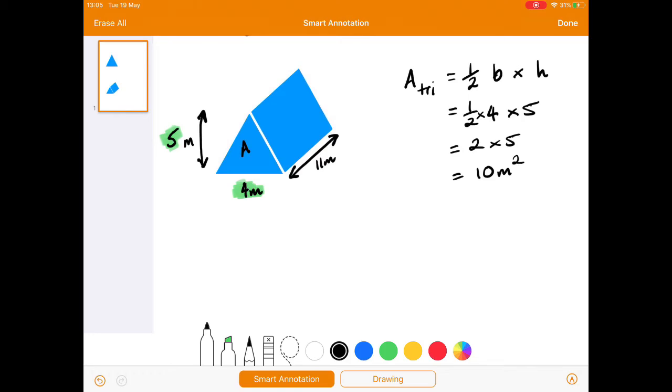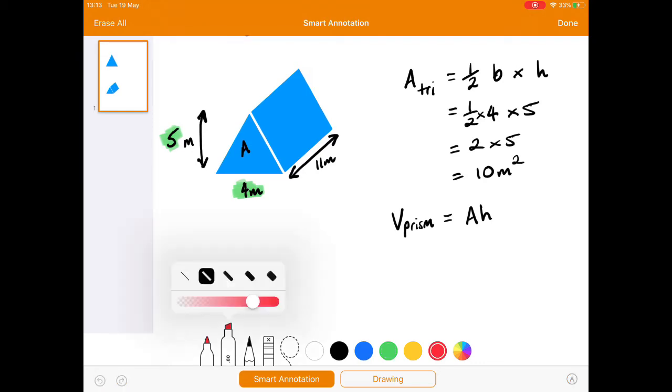Now, remembering from the last task that the volume of a prism, so I'm just going to use V for volume, is equal to its area times its height. Now, we know that the volume of a prism is area of its base times its height.